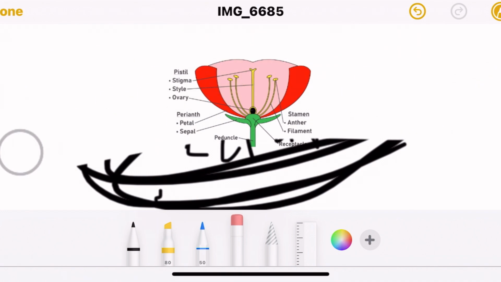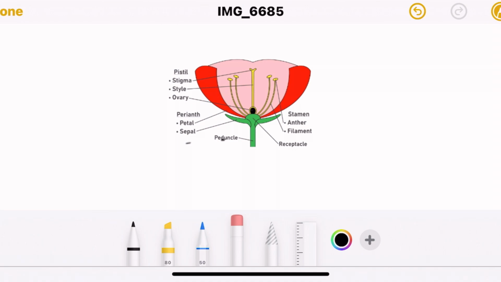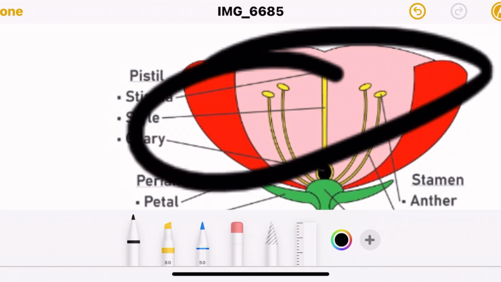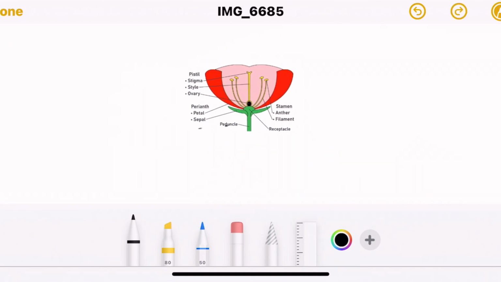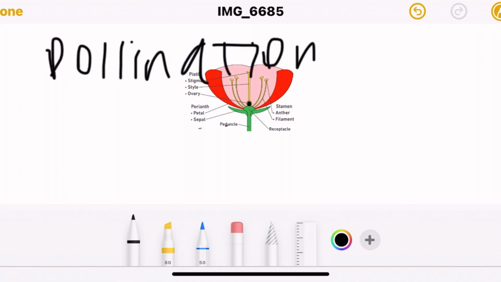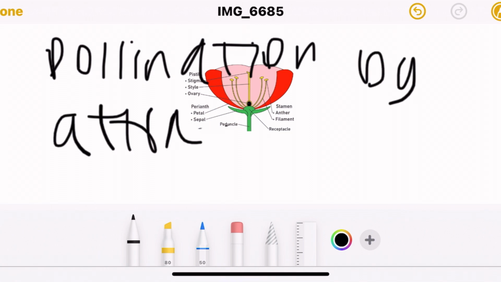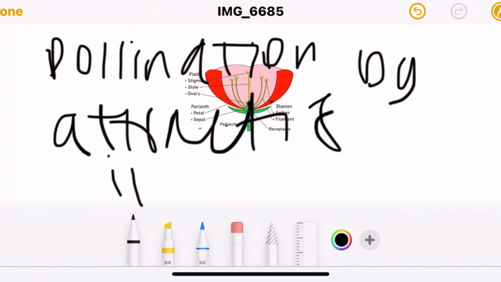So basically, overall, the main function of the petals is to help in pollination by attracting insects.